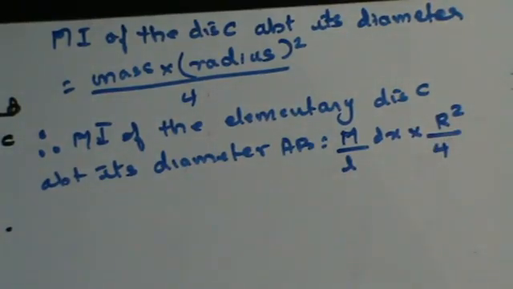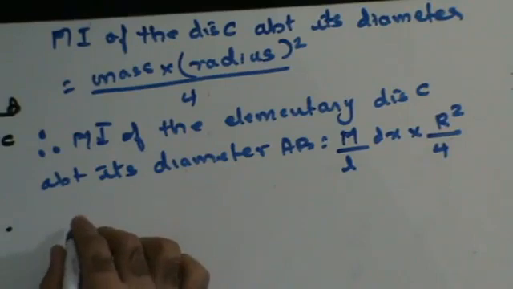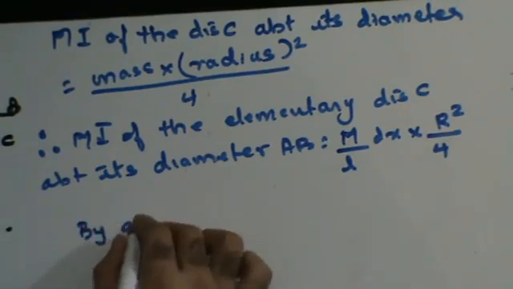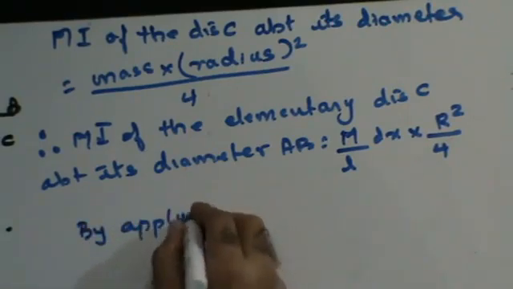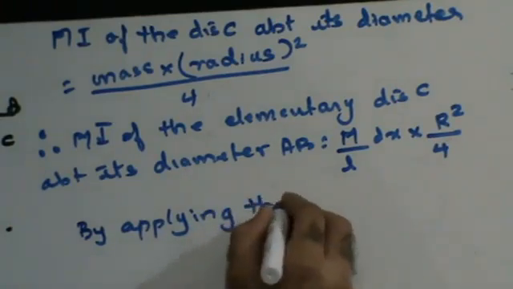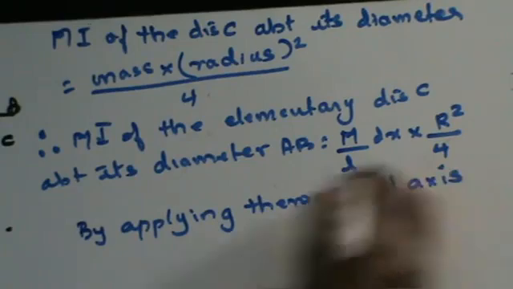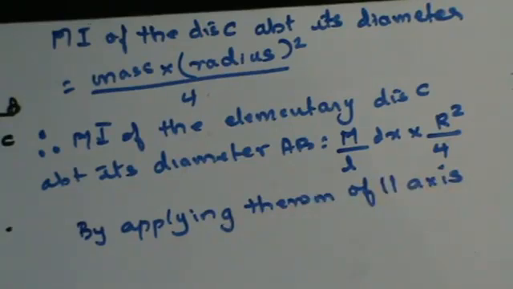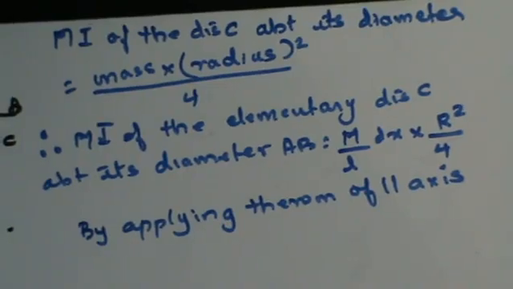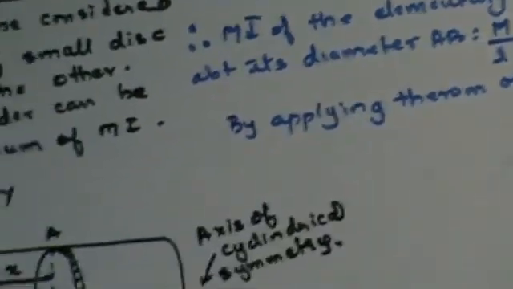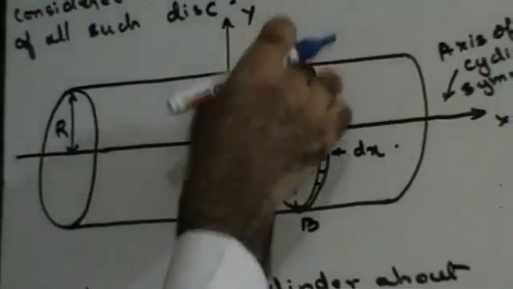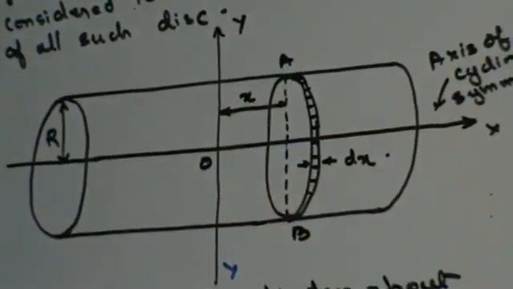Right? Now by applying theorem of parallel axis, moment of inertia about the axis y-o y-bar. Guys, can you please see this? This is my y-o y-bar. Y-o y-bar and the diameter are parallel to each other. Therefore, I apply theorem of parallel axis.